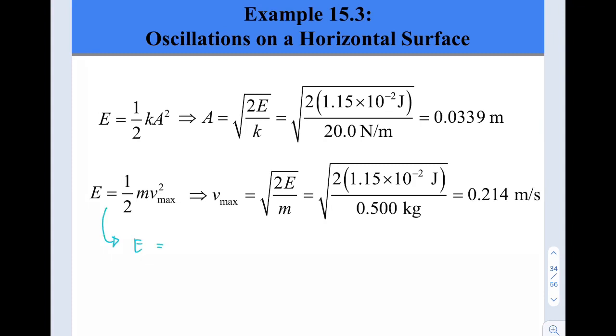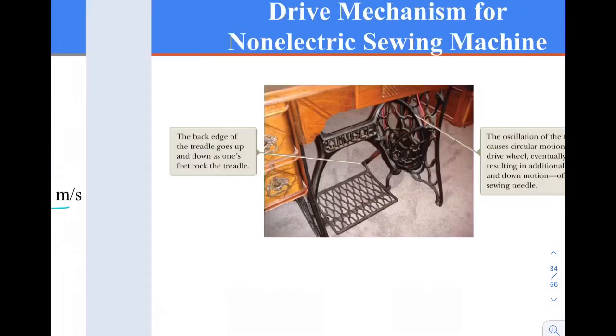This is actually coming from E equivalent to K plus U_s. If the kinetic energy is maximum, this is the total, and this one is already 0. That is why you have this formula, and then solve for Vmax. This is your answer.